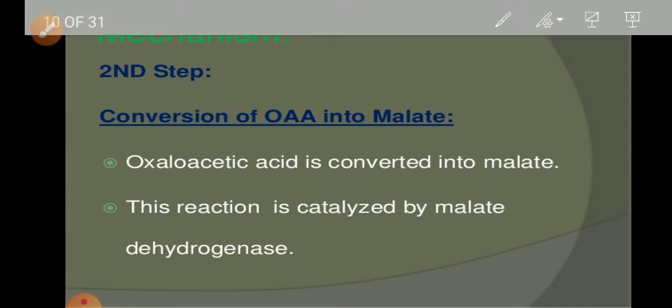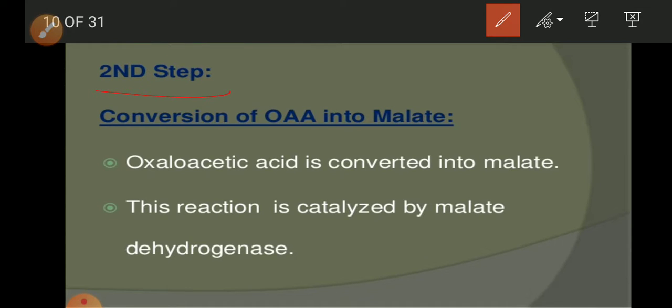In the second step, we will see the conversion of oxaloacetic acid or oxaloacetate into malate. This oxaloacetic acid is converted into malate, and this reaction is catalyzed by malate dehydrogenase.